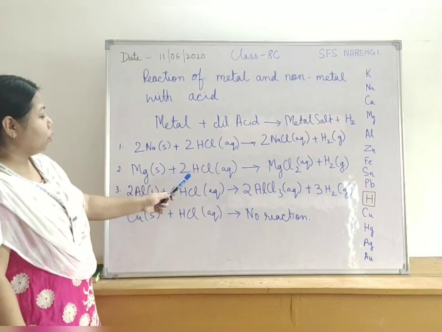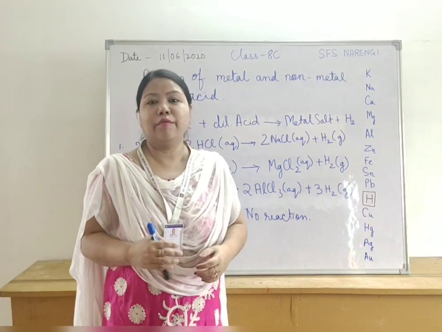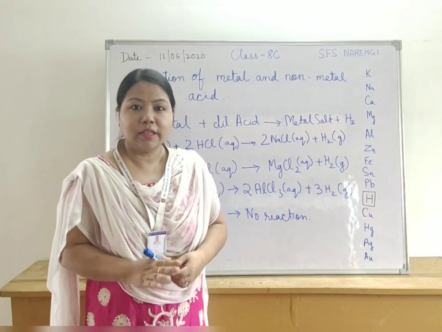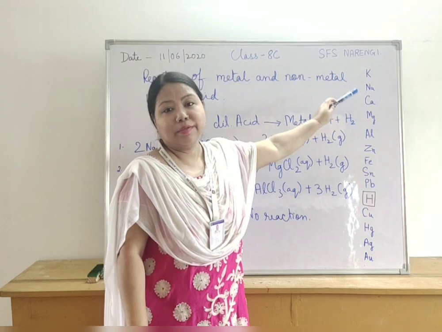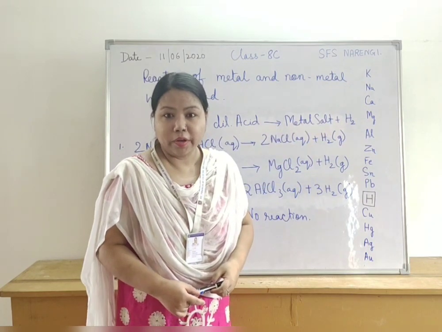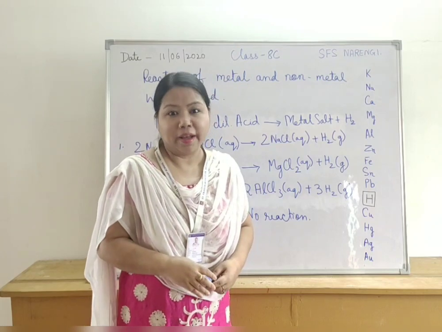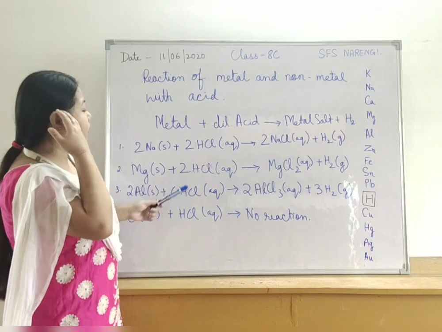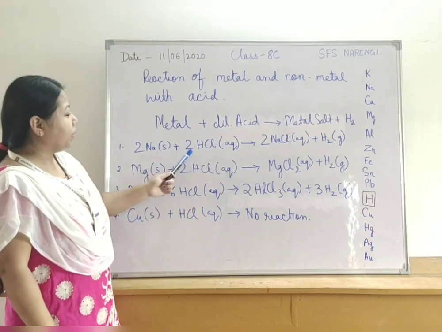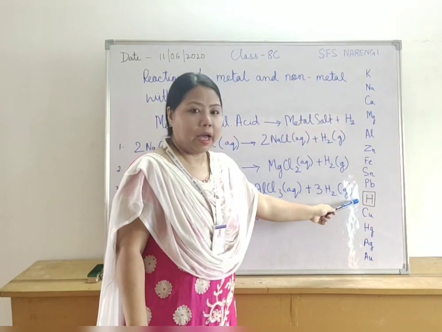Similarly, magnesium is replacing hydrogen to form magnesium chloride. And I have already mentioned that it depends on the reactivity of the metals whether a metal can replace or displace another metal or non-metal. Fine. So hydrogen is a non-metal. So sodium replaces hydrogen because sodium is more reactive than hydrogen.